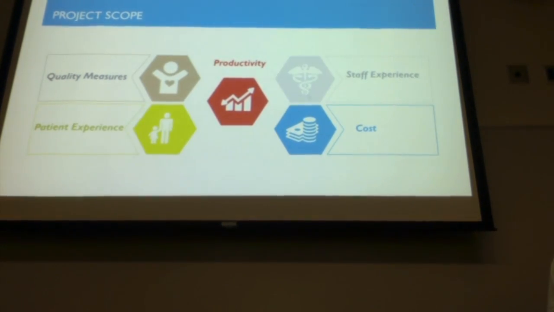So Darren and Priya have done a deep dive into the different quality measures that Kids Plus is using, gone into detail on Bright Futures, Highmark, and HEDIS, and made a big line item sheet that we went over with Dr. Wolf and Dr. Wolin a few weeks ago, and we've done some analysis of that and made recommendations. We also made sure to keep patient experience and staff experience in mind so that we don't make any recommendations that will adversely affect those by too much. And we're also keeping cost in mind so that we're not making recommendations that are too costly and unrealistic for Kids Plus to implement.